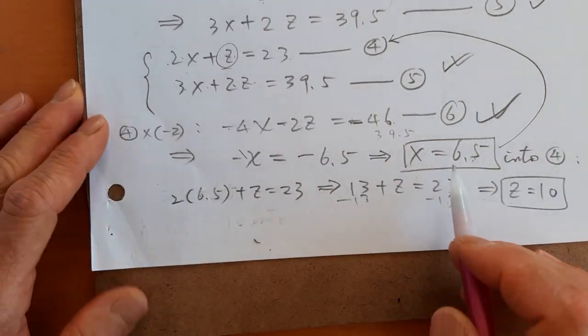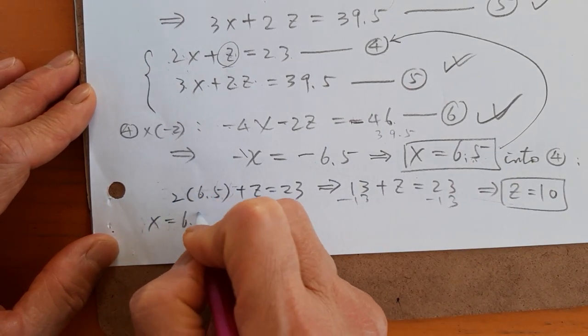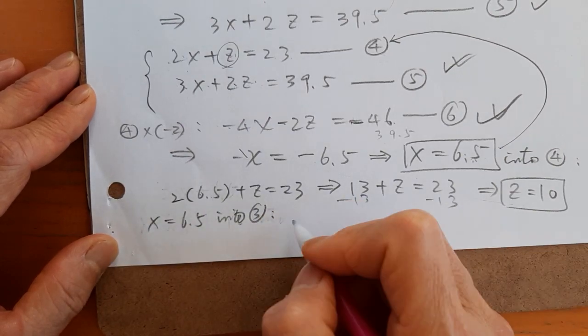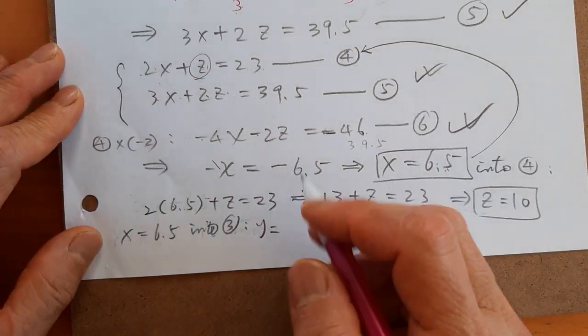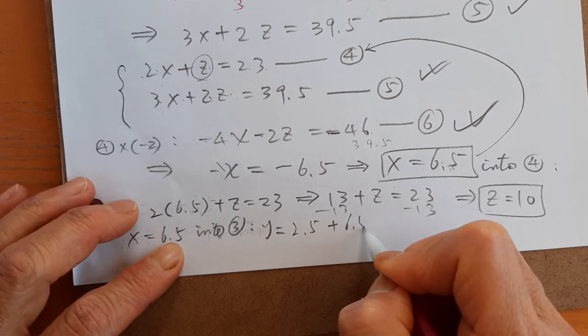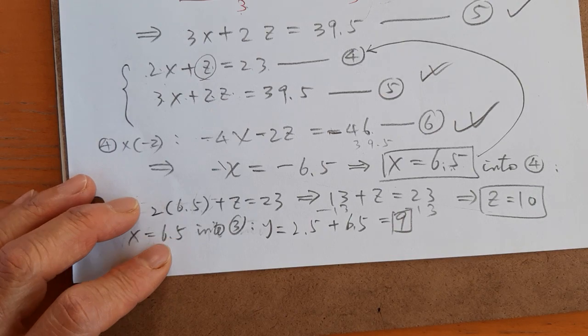The third equation is y equals 2.5 plus x. 2.5 plus x, with x replaced by 6.5, so you got 9.